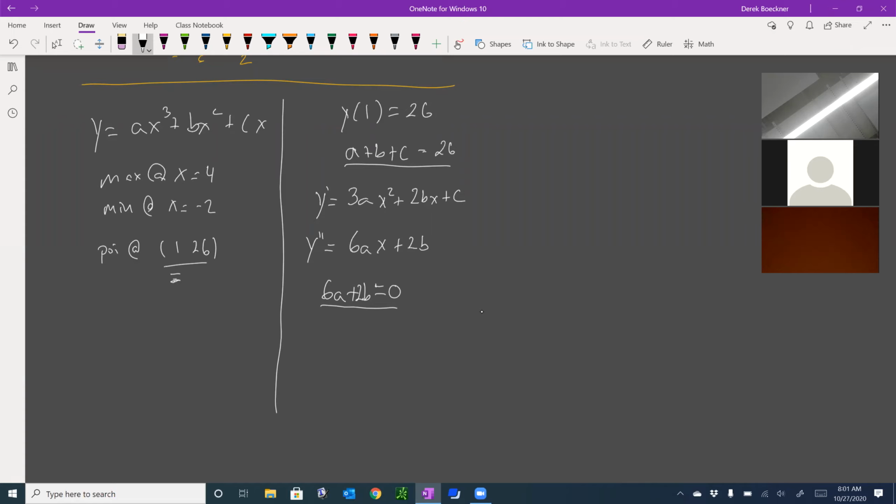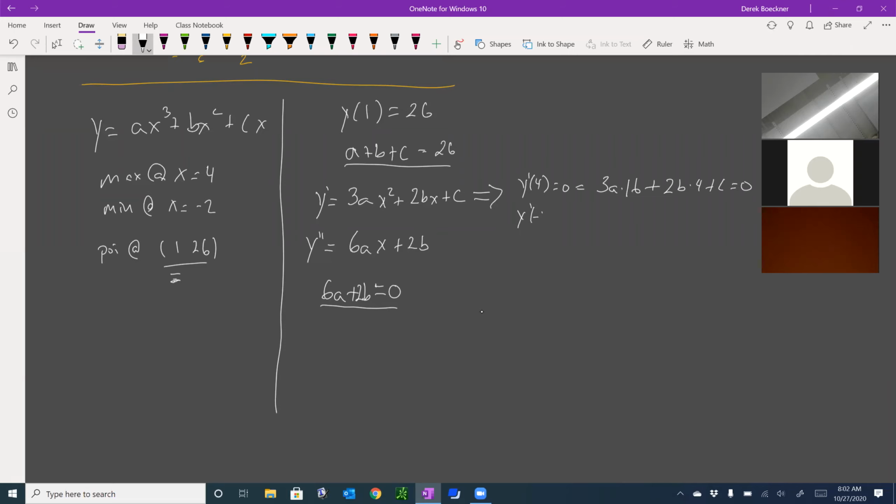I also know that y prime has to be equal to 0 when x is equal to 4 and when x is equal to -2. So y prime at, let's go with 4 first. So that's going to be 3a times 16 plus 2b times 4 plus c is equal to 0.